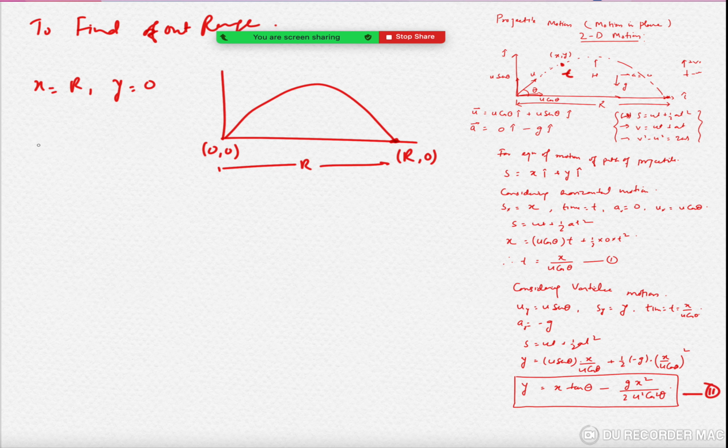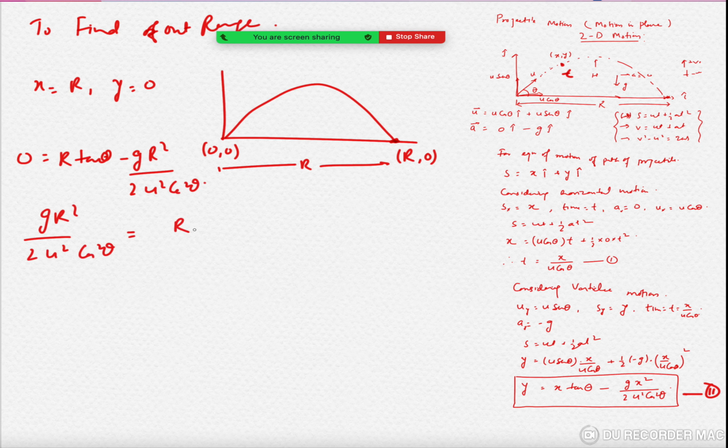If I put y equal to 0, R tan theta minus g R square by 2 u square cos square theta. So I'll take this one to this side, so it will be g R square by 2 u square cos square theta is equal to R tan theta. Instead of tan theta, can I write sin theta by cos theta?